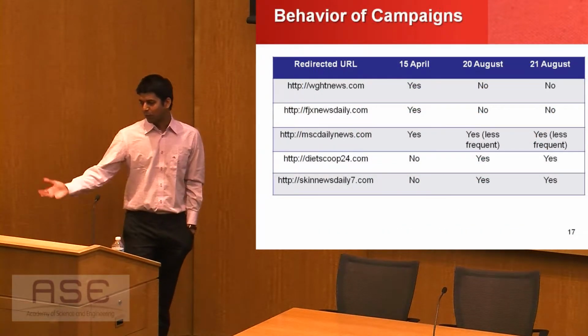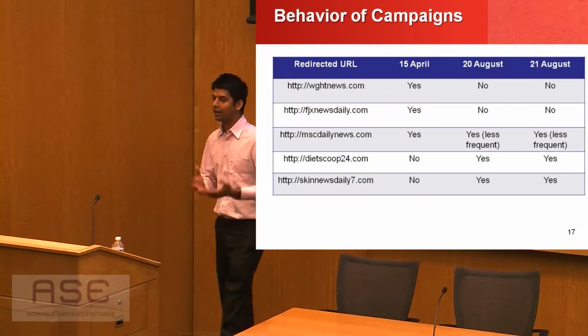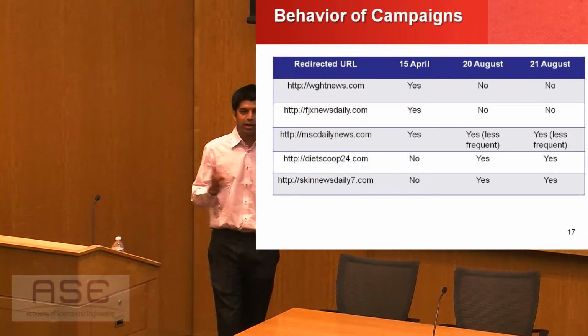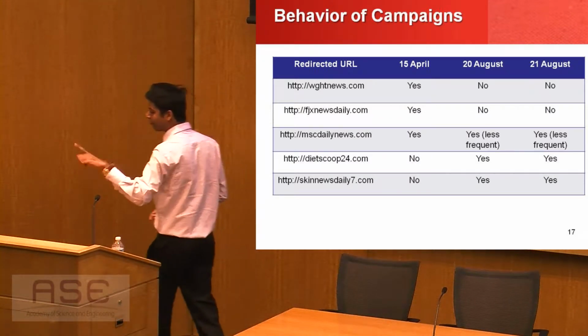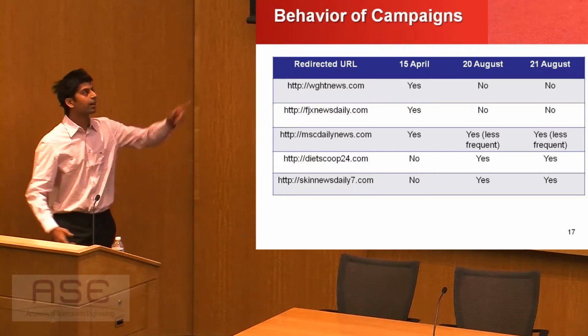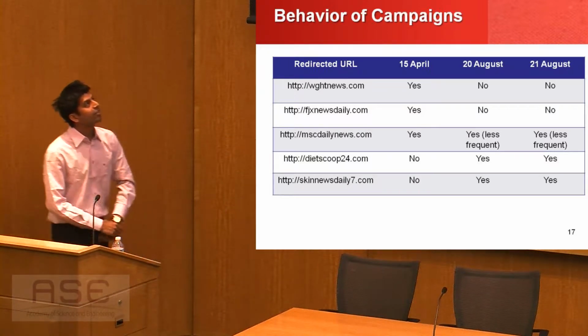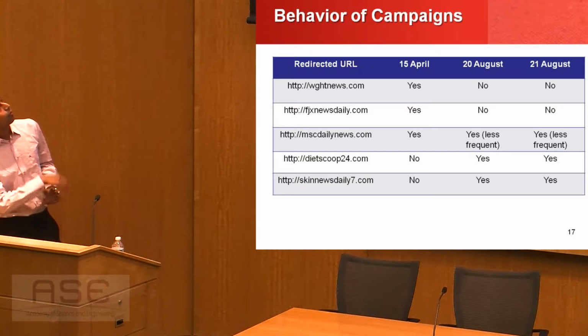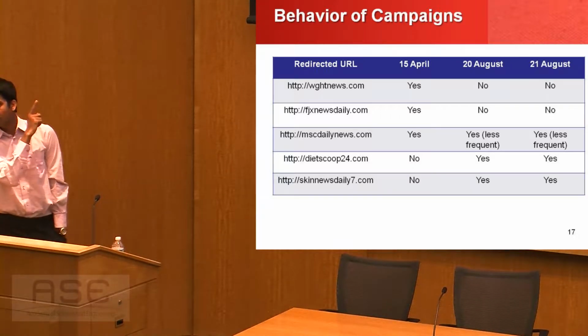So I think I am almost at the end of my slides. As we have data for different time periods, we were curious to see whether the same campaign is repeating over time. We found three major redirected URLs of major campaigns. The first two appeared in the campaign of 15 April.